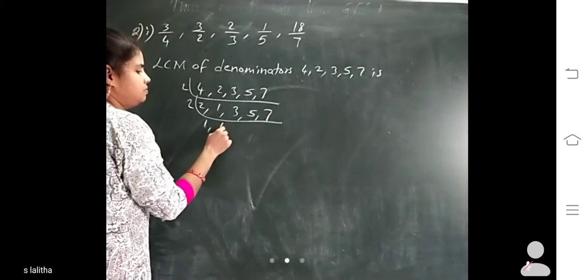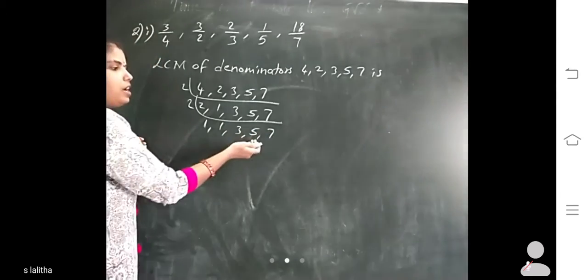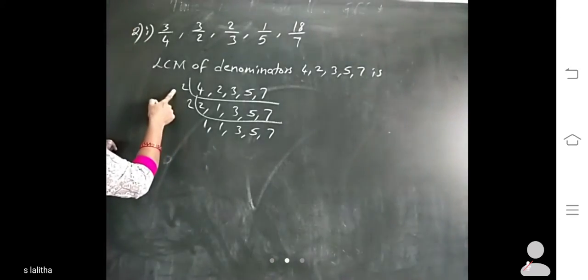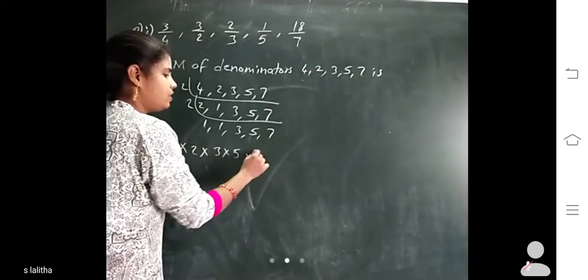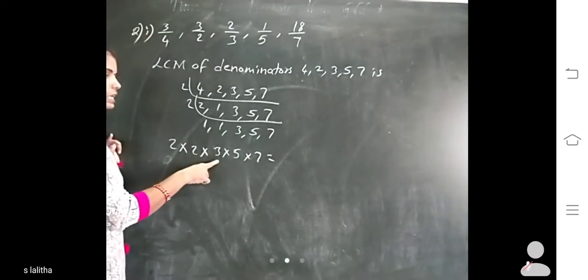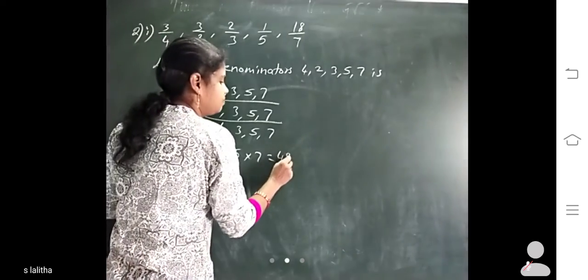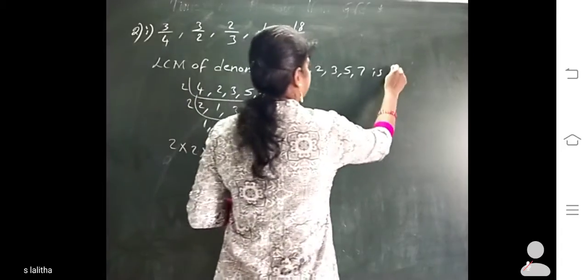Again 2 ones are 1, and 3, 5, 7 remain, which are prime numbers. So the LCM is 2 into 2 into 3 into 5 into 7. 2 twos are 4, 4 threes are 12, 12 fives are 60, 60 sevens are 420. So we get 420.